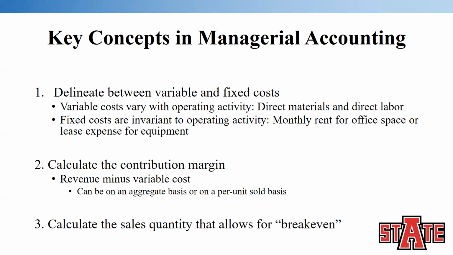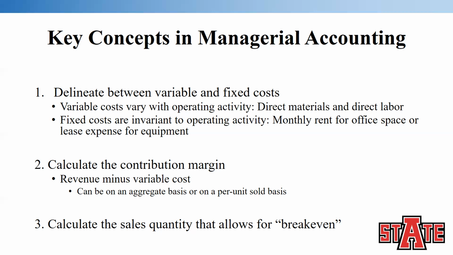Make sense? Contribute, i.e. contribution margin. So really what we're doing here is matching those variable costs that are positively correlated with revenues. We want to net those out immediately and say, okay, whatever's left over goes towards covering fixed cost.